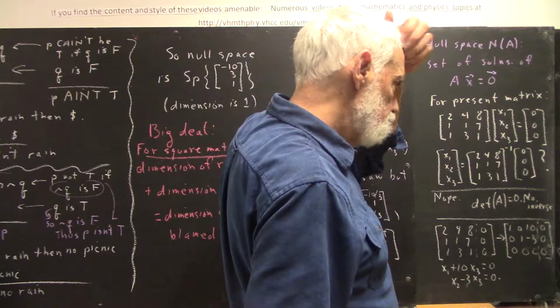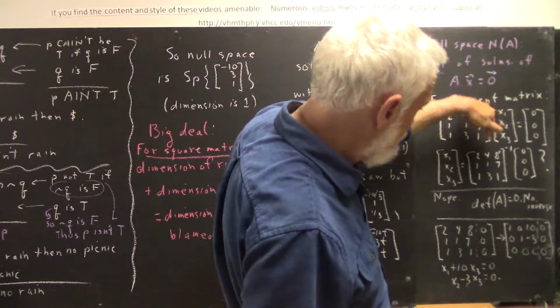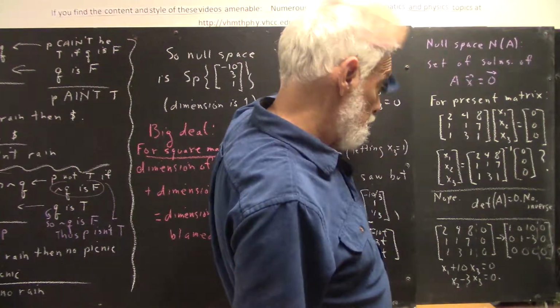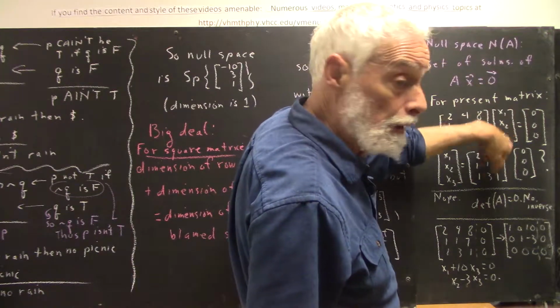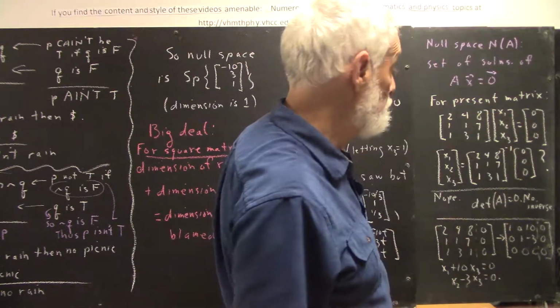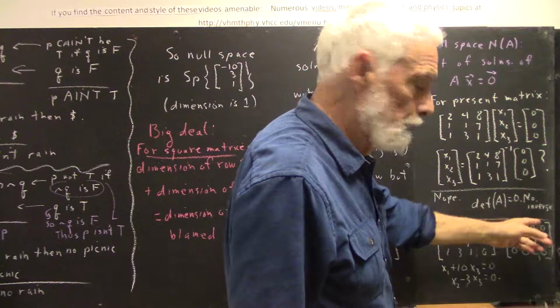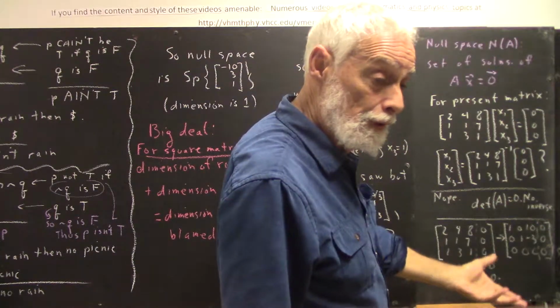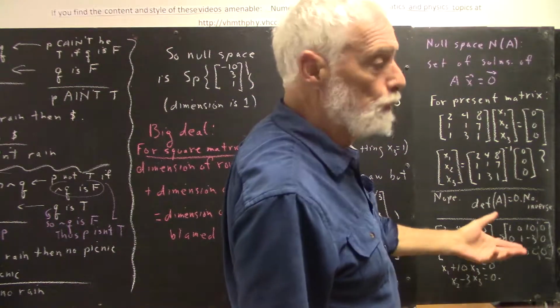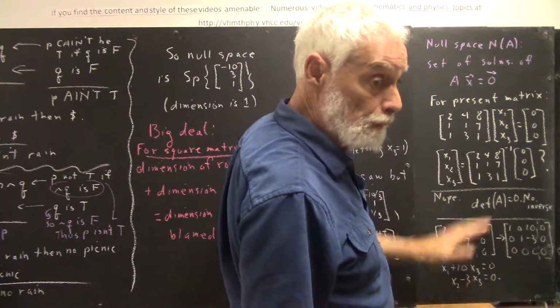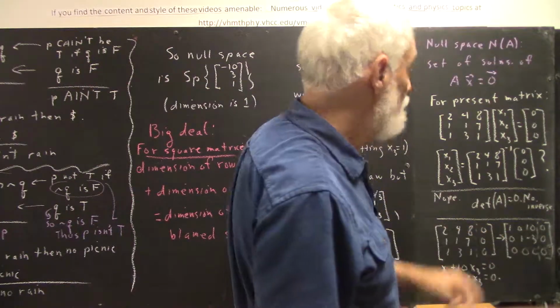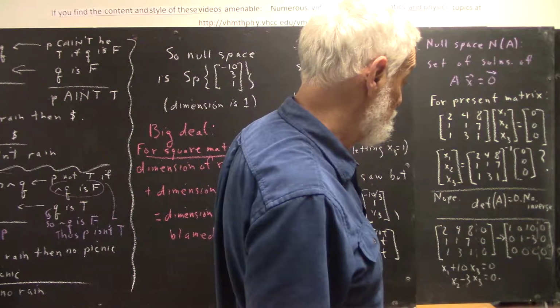Now, the fly in the ointment here, so to speak, is that it turns out this matrix is not invertible. We can check its determinant. Its determinant is 0. It doesn't have an inverse. And of course, if you recall, when we reduced this matrix, we got a row of zeros, didn't we? That tells us for sure that the determinant is 0.